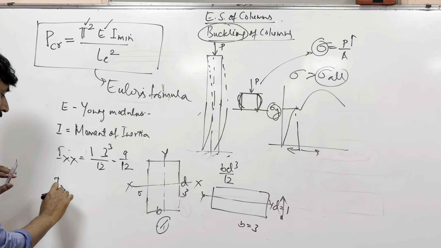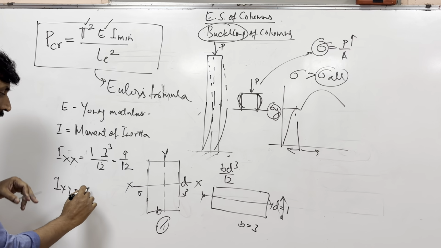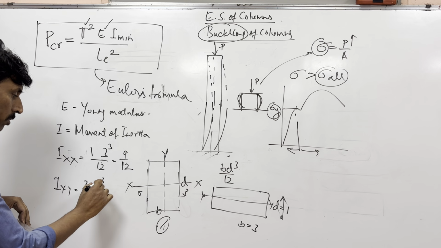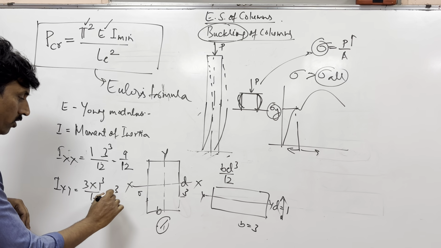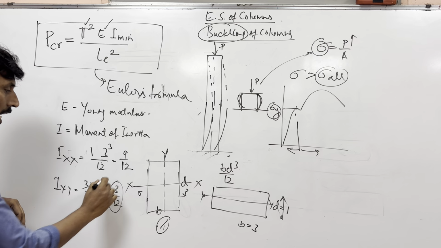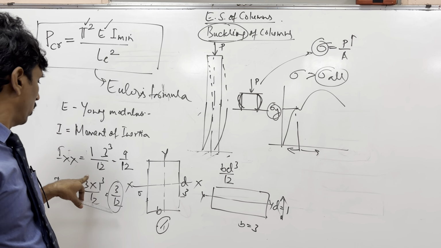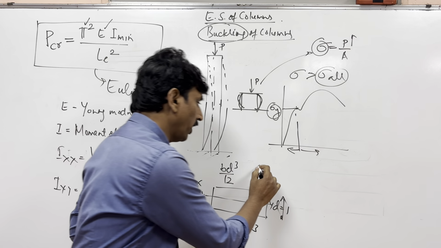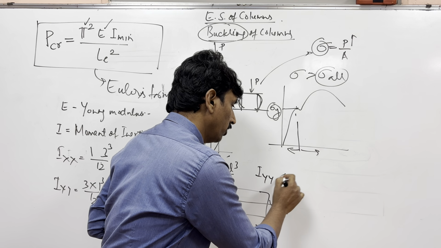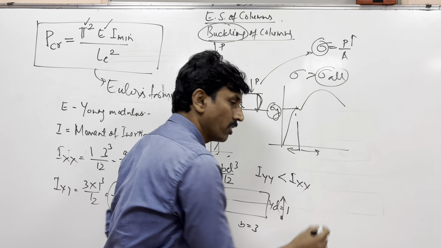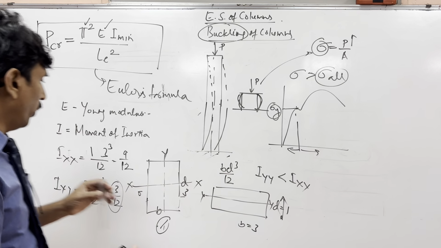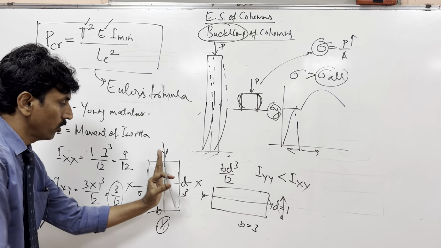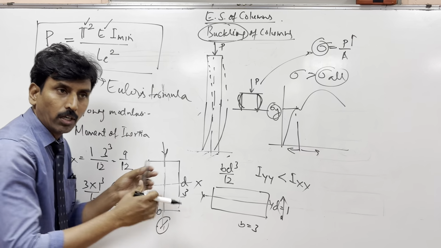So Iyy will be 3 into 1 cube divided by 12, which is 3 by 12. Which is larger? Ixx is larger, Iyy is smaller, which means it is going to bend about Iyy.